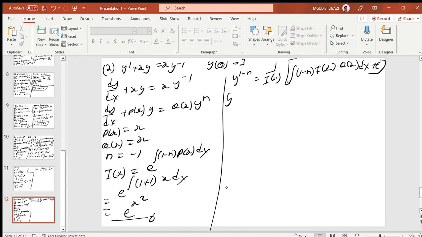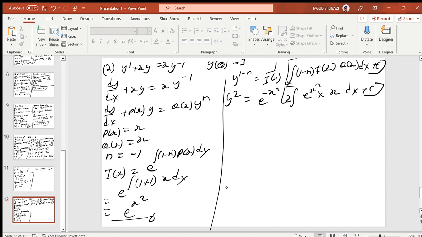So we're gonna get y raised to 1 minus negative 1, which is 2, which is equal to 1 over e raised to x squared, which is e raised to negative x squared, and then into integral of 2 times I of x, and then we find our I of x to be e raised to x squared times q of x, and then our q of x we said is x, and then dx plus c.